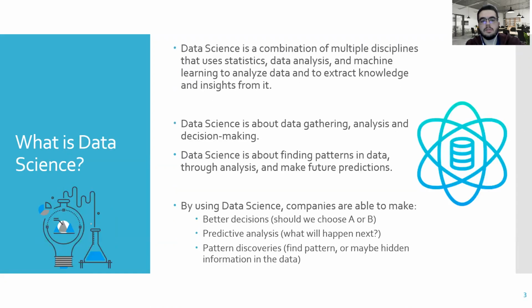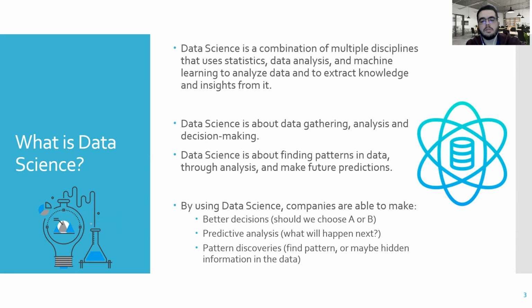What is data science? Data science could be considered as a combination of multiple disciplines that use statistics, data analysis, machine learning to analyze data and to extract knowledge and insights from the data. In general, data science is about data gathering, analysis, and decision making.